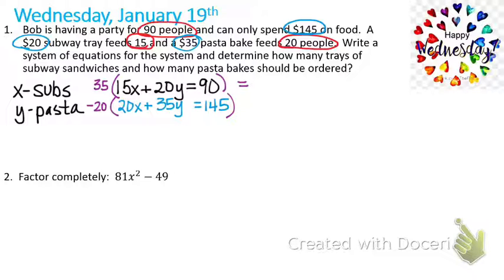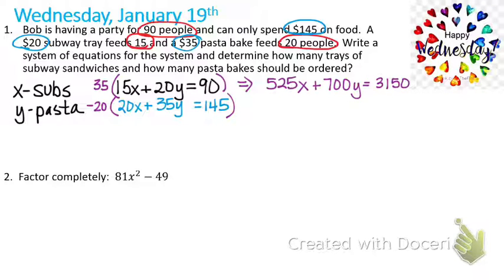So we're going to take 35 times 15, 525, so we got 525x, and then 35 times 20 is 700y, and that equals 35 times 90, which is 3,150.